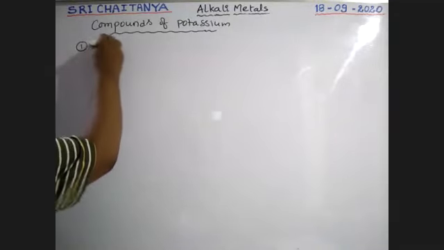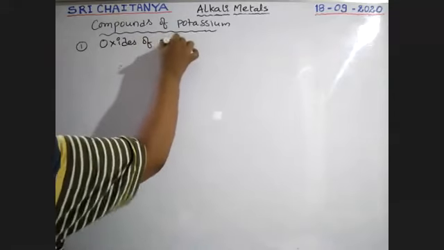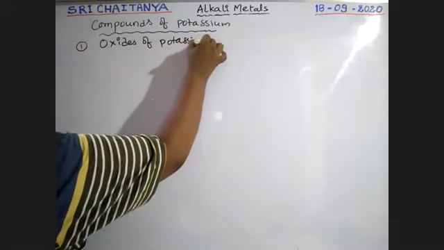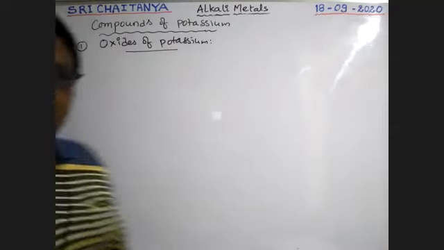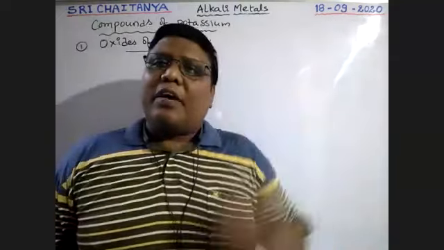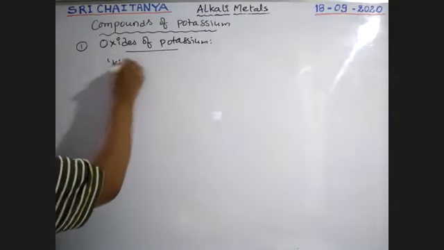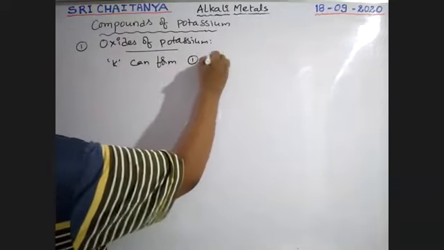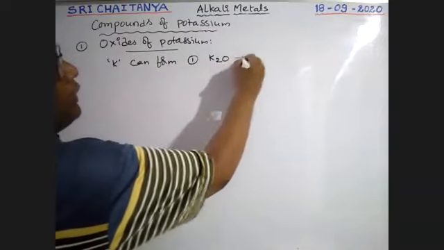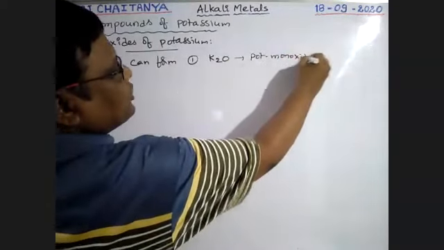Oxides of potassium. Potassium can form 4 different types of oxides. See here. First, K2O, which is potassium monoxide.